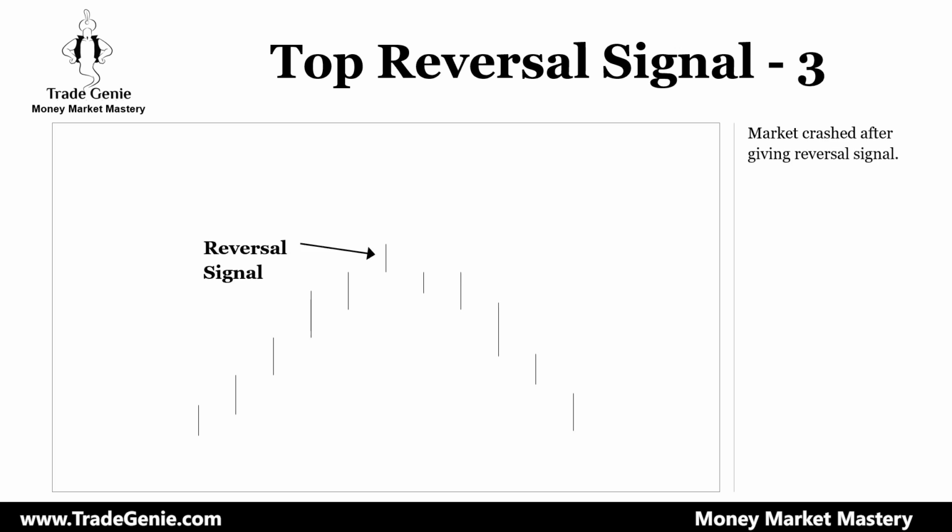So that's one thing. Now, just like a V-shaped recovery, another reversal signal appears when the market gaps up. Let's say the market is moving up and then it gaps up. And then it's like twinkle, twinkle, little star, how I wonder what you are. That kind of candle is just hanging over there, with no follow-up.